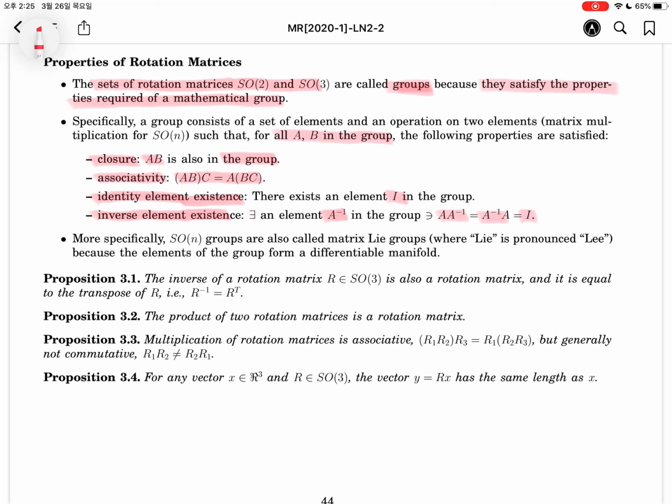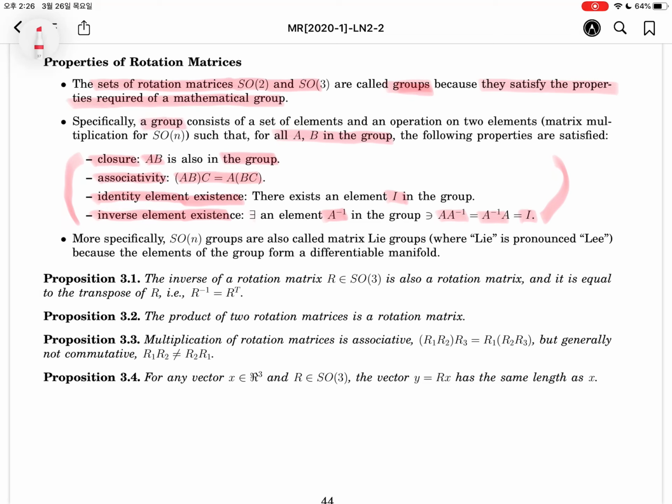Like this, if A inverse can be found, then we can define the mathematical group. Let's summarize. The result is closed. Associativity should be satisfied. The identity element exists. The inverse can be found in the group. If these four conditions are satisfied, we can define mathematical groups.